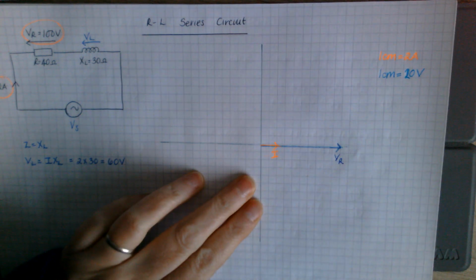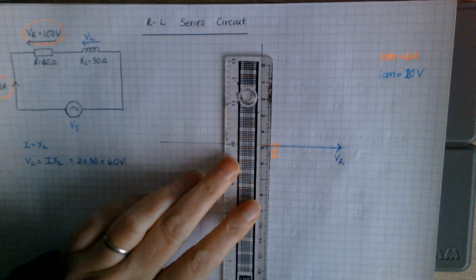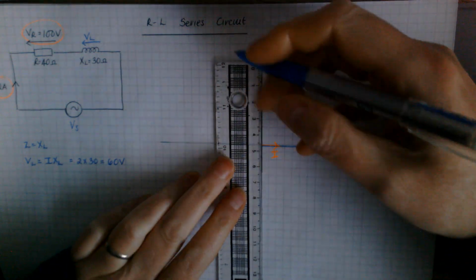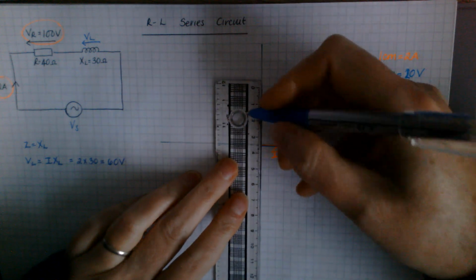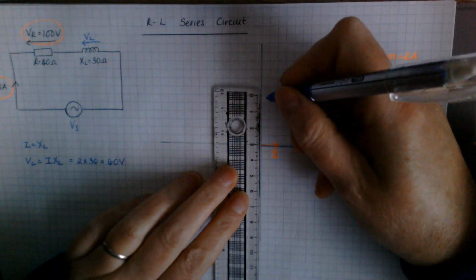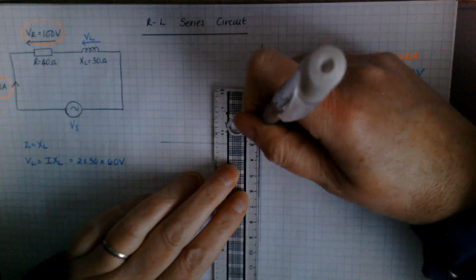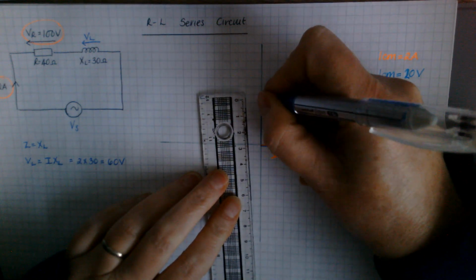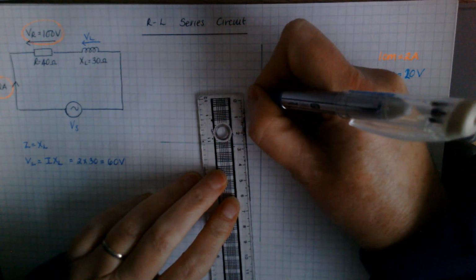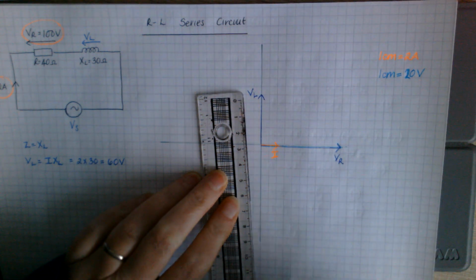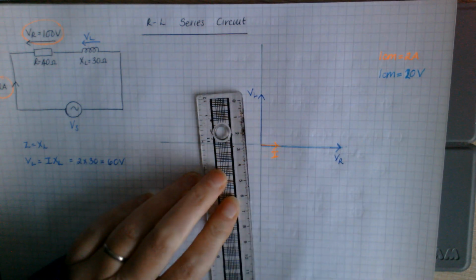If you remember, the voltage across your inductor goes straight up the way. So I've worked that out to be 60. So on my scale of 20 volts, that'll be 3 centimetres, 20, 40, 60. That's my VL. And to get my VS, it's a phasor addition of VR and VL.